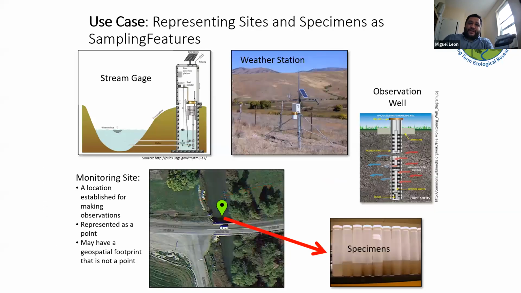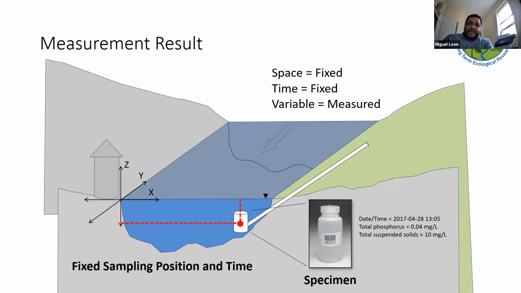And it might be different from the location where you take specimens of water to do water quality analysis on. And so these are just some of the information you can store and represent within ODM2.